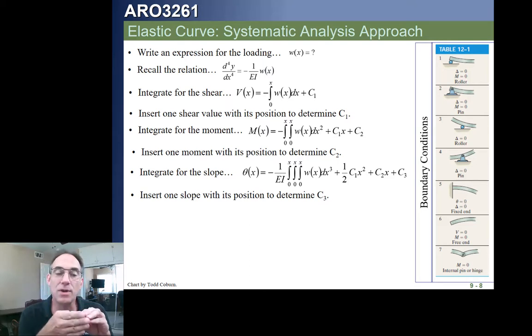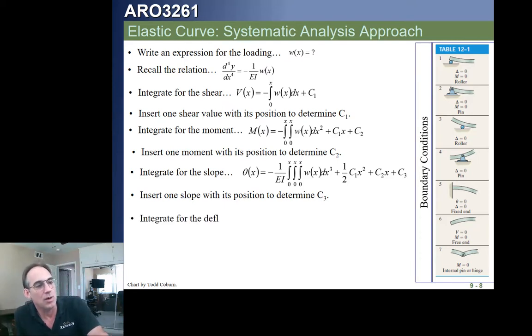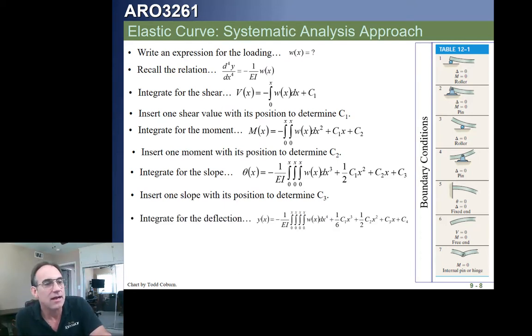However, if there's no slope constraint, then that won't be possible. You will have to keep C theta as a variable and integrate again and then impose two deflection boundary constraints. It's actually more common to have deflection boundary constraints than slope boundary constraints in aerospace, but both are possible. Okay, so if possible, insert a slope position, and then we will go ahead and integrate again.